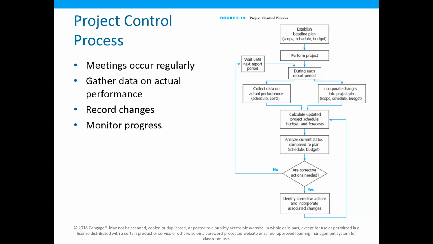So if the early start and the late start are the same, that means we cannot delay the activity. But if the late start time is some days later than the early start time, this means that activity can be delayed within that early and late start times without delaying the overall project. So that's why we need the early and the late start times.